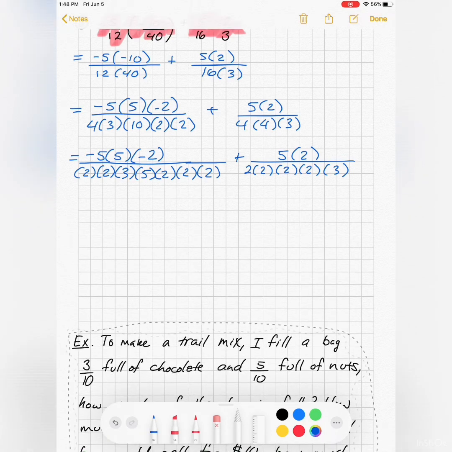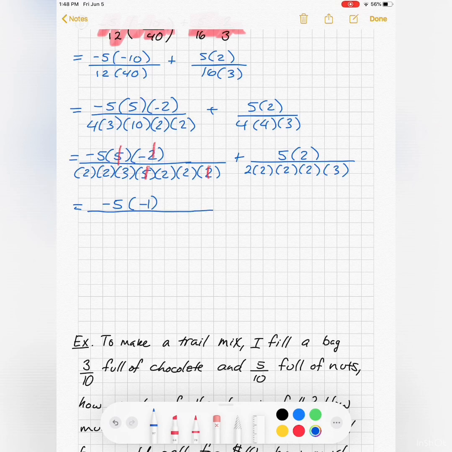Move our word problem one more time. Okay, what can I cancel? 2 with 2. 5 with 5. Oh, is that it? Okay. So I have negative 5. I'm left with a negative 1, even though I canceled the 2.